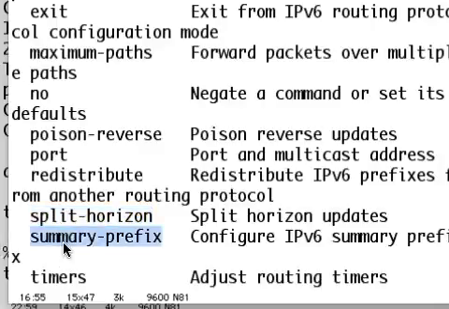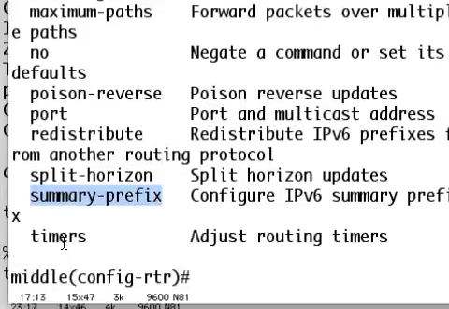I can summarize, and that's important in most routing protocols, because if you have an environment with thousands of routes, you would not want your routers to have to handle them all. By summarizing routes, you can keep your routing domain more stable by minimizing updates and minimizing the amount of CPU that your routers use.